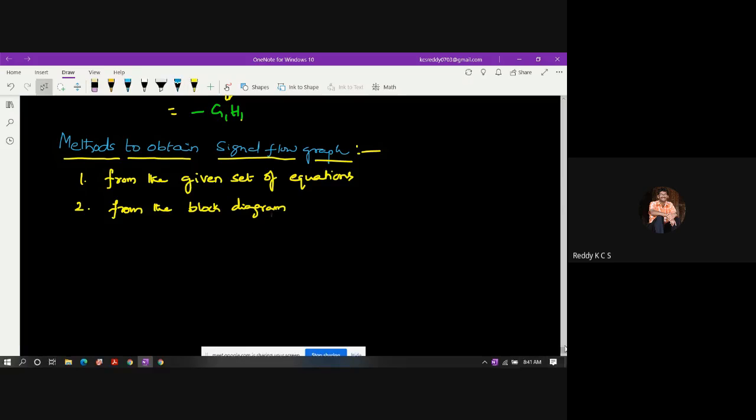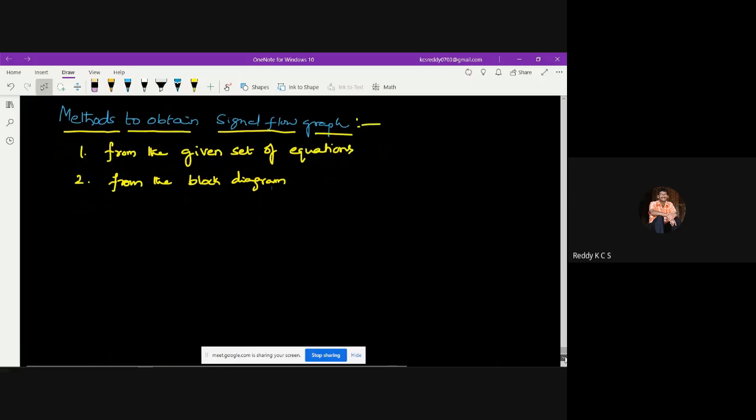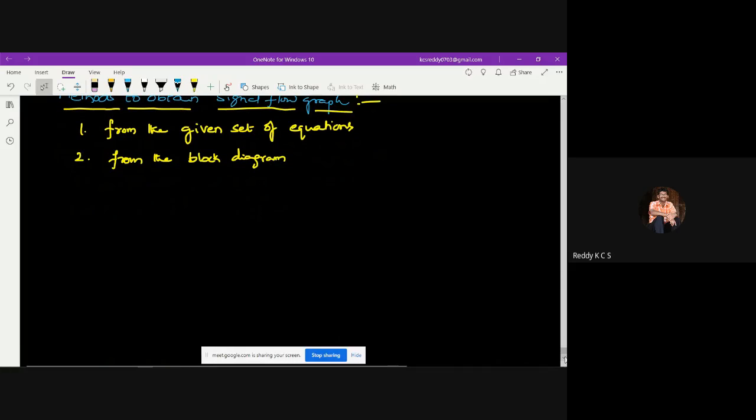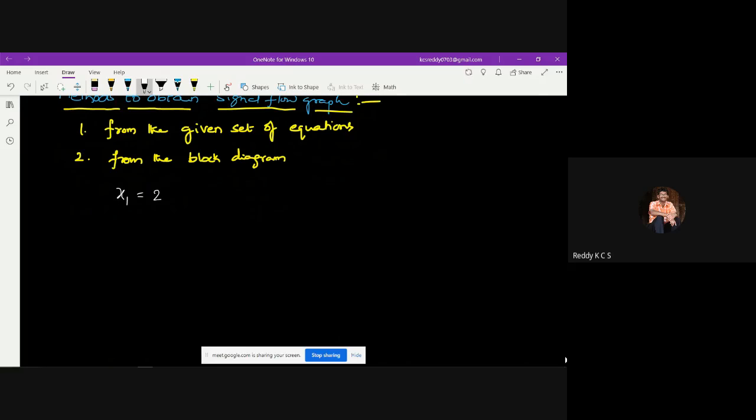So how to obtain a signal flow graph from the set of equations? Say, for example, I am given a set of equations. x1 is equal to 2 into xi, where xi is the input variable, plus 3 into x2.